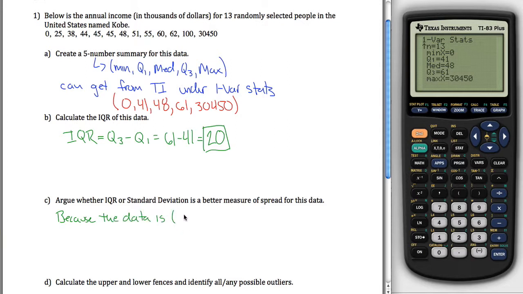This would actually be right skewed because we have a few high observations, but most of the data is to the left. Because the data is right skewed, or because of the outlier, the large observation, interquartile range is a better measure of spread.